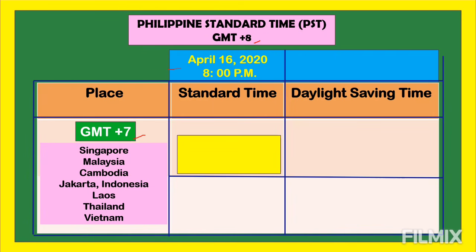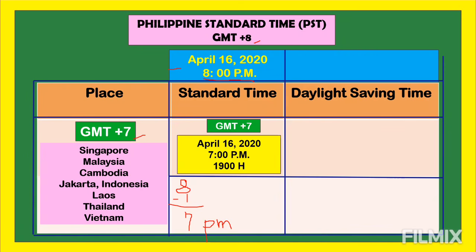So if we're going to convert April 16, 2020, 8 p.m., we're just going to subtract 1 hour. 8 minus 1, the answer is equal to 7. So 8 p.m. means that it is only 7 p.m. So their time and date is April 16, 2020, 7 p.m. Or we can write that in a 24-hour clock, that is 1900 hours. And these places also don't observe daylight saving time.